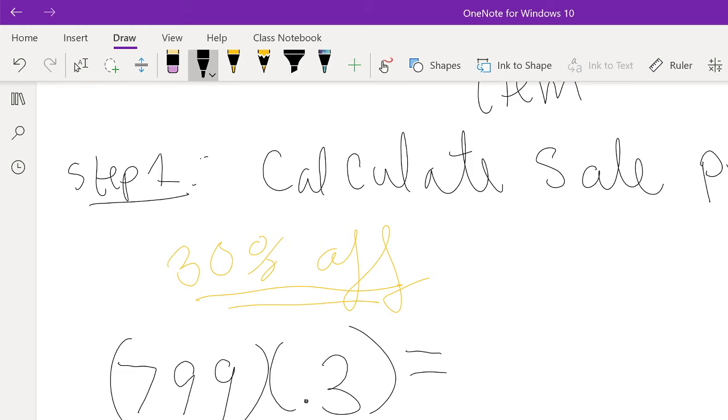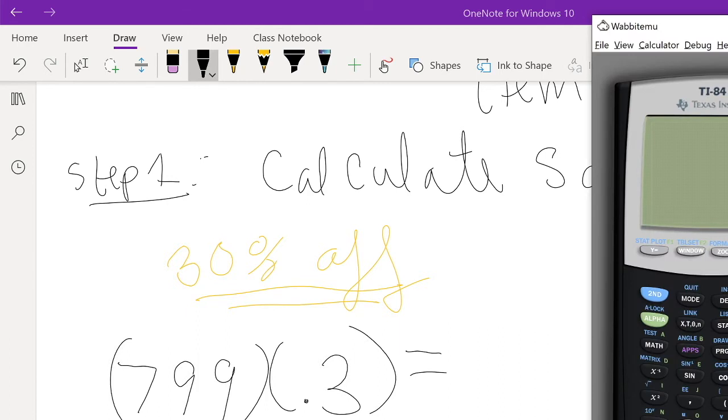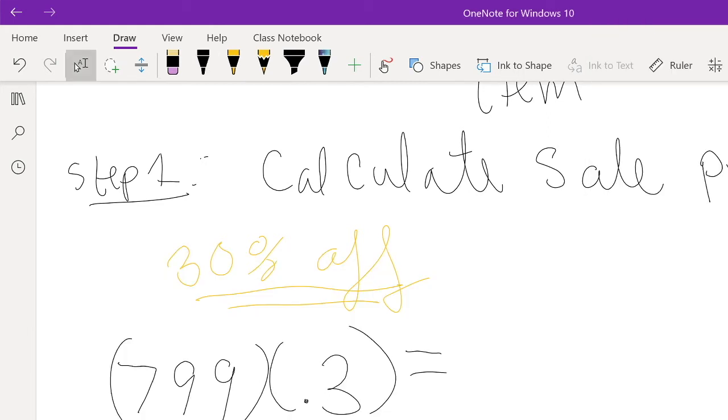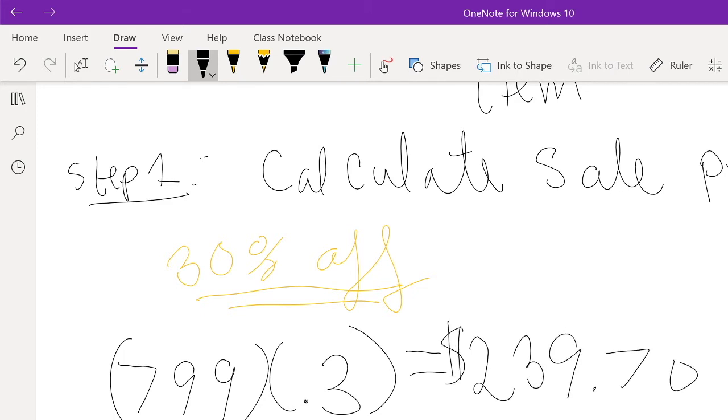So again, take out my calculator here and we'll get 799 times 0.3. Hit enter, and we get $239.70. I'll write it in this form because we are talking about money. Now, this is not what we're paying for the TV.